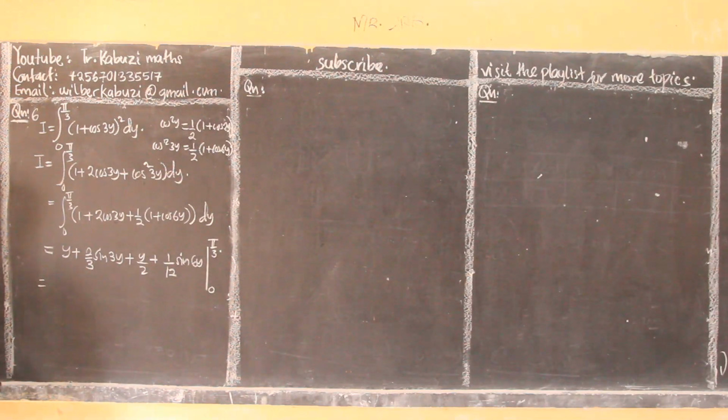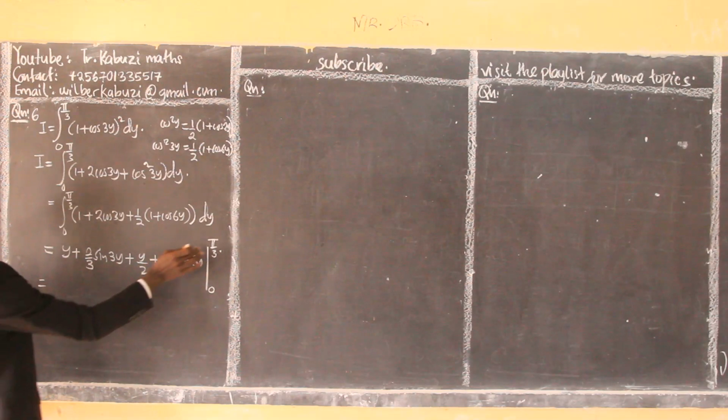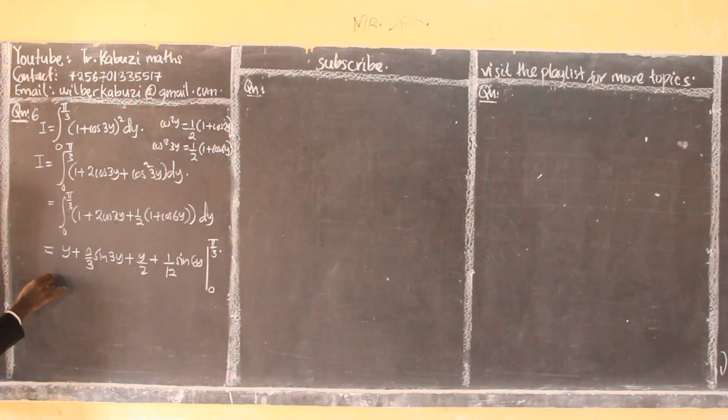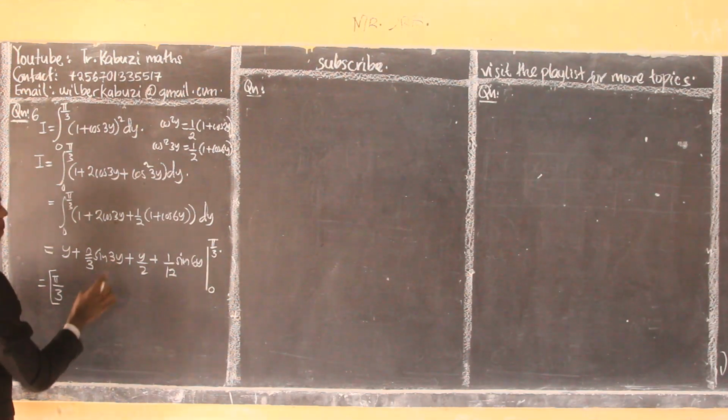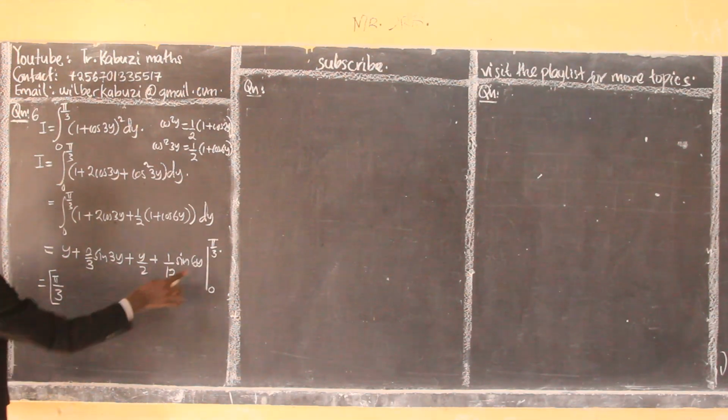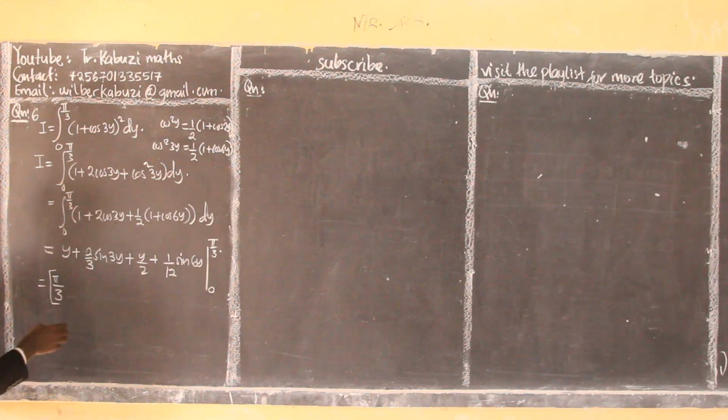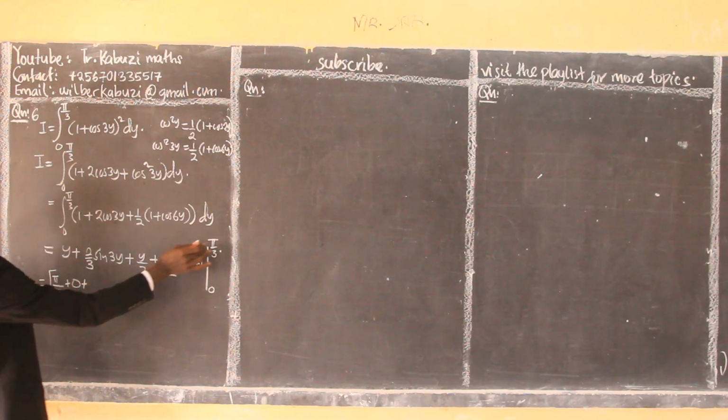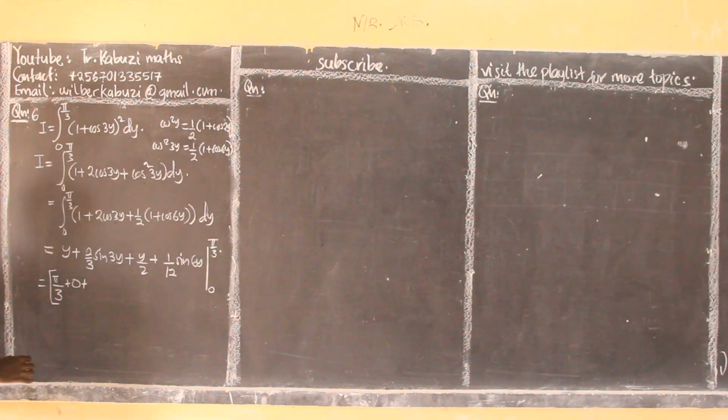Then all we do is substitute in the upper limit. I'll be having pi over 3. When I put in pi over 3 here, I have pi, and sine of pi is 0, so plus 0. Then plus, here I have pi over 3 divided by this to give me pi over 6. Then plus sine 2 pi, which is 0.